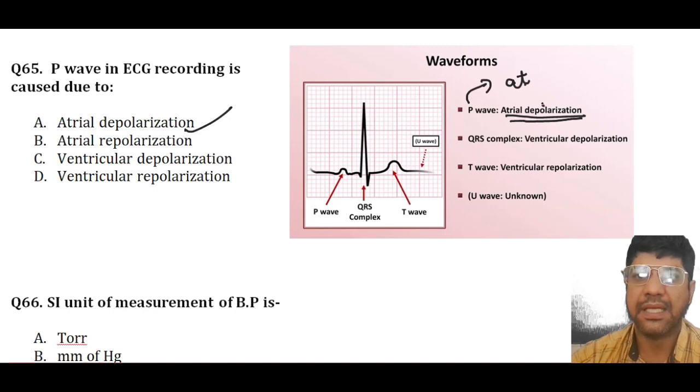That is the electrical activation of the atria. So it corresponds to the initiation of the electric impulse at the SA node, that spreads through the atria leading to atrial contraction.